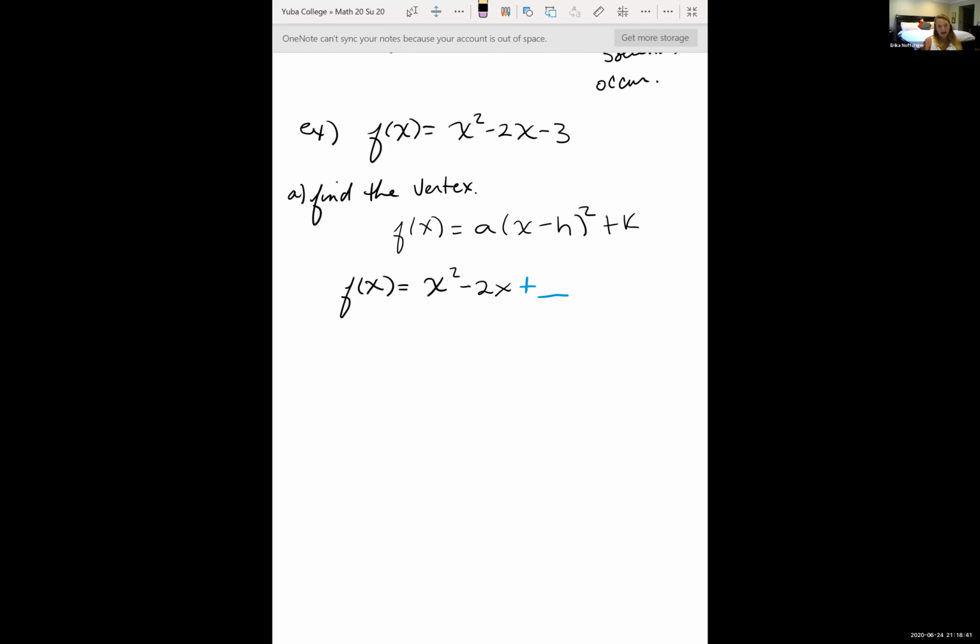But instead of adding this number to both sides of my equation, I'm going to manipulate as if I subtract that number on this side. Well, technically I'm adding a fancy way of saying 0 if I add and subtract it. And then I have my plus my constant, and my constant in our case was minus 3.